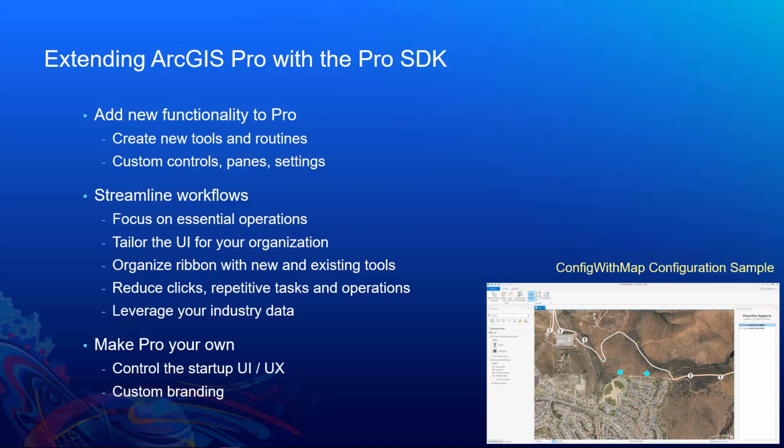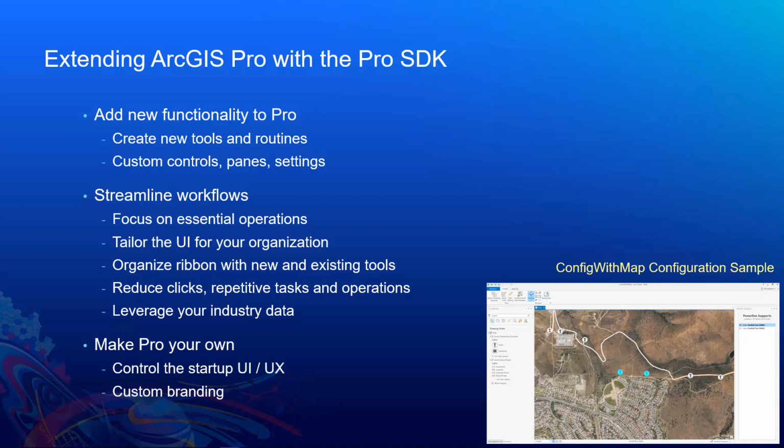You can focus in on just those essential operations that allow your users to really do quick and efficient work. You can tailor the user interface for your organization and specifically to the work that your users do.